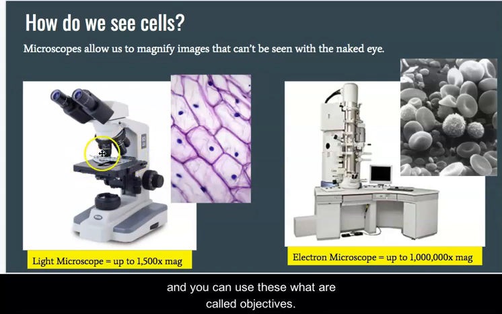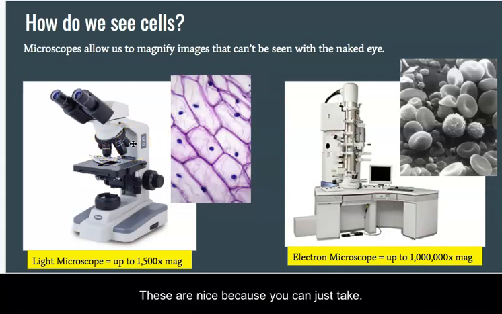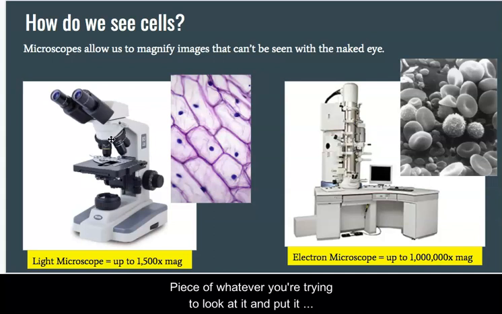And you can use these objectives, here in black, to switch to higher and higher power. These are nice because you can just take a piece of whatever you're trying to look at and put it right there on a slide underneath. Sometimes we can even look at living organisms underneath light microscopes, but it doesn't get you super, super zoomed in.